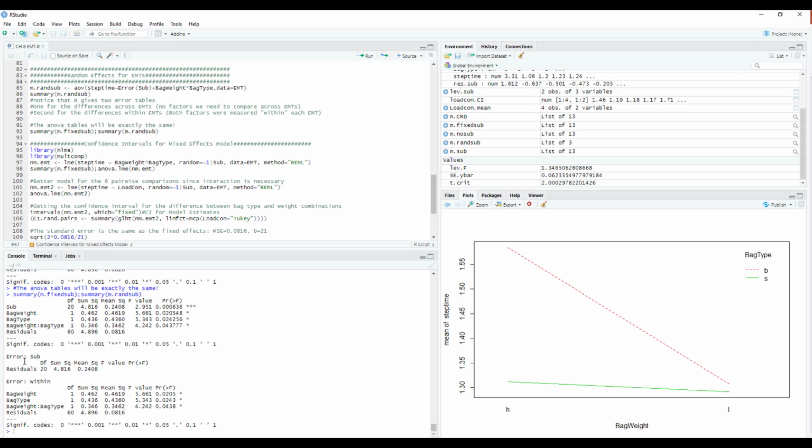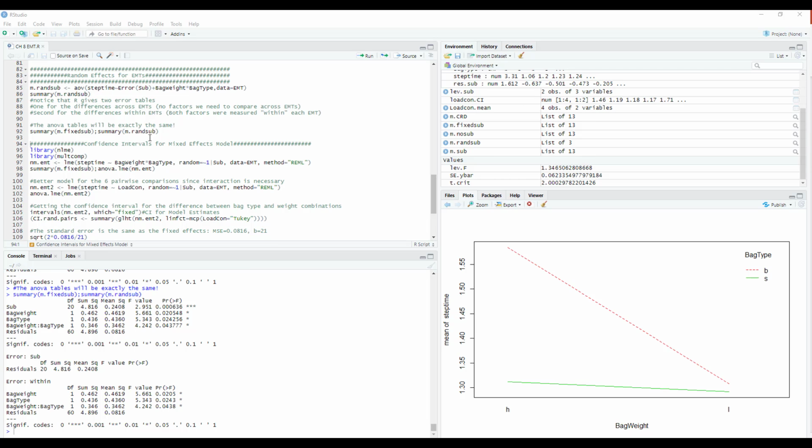But again, R is smart enough to know where to place the factors, so it placed them all down here within the within error table. And the results end up being exactly the same. We end up with the same p-values, the same mean squares, and the main effects are somewhat significant and the interaction term is close to our significance level of 0.05.